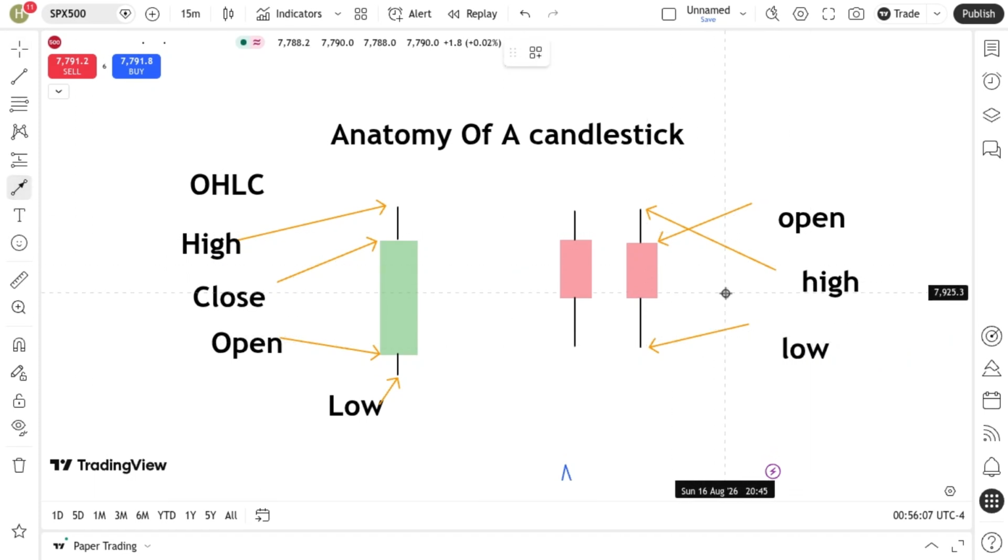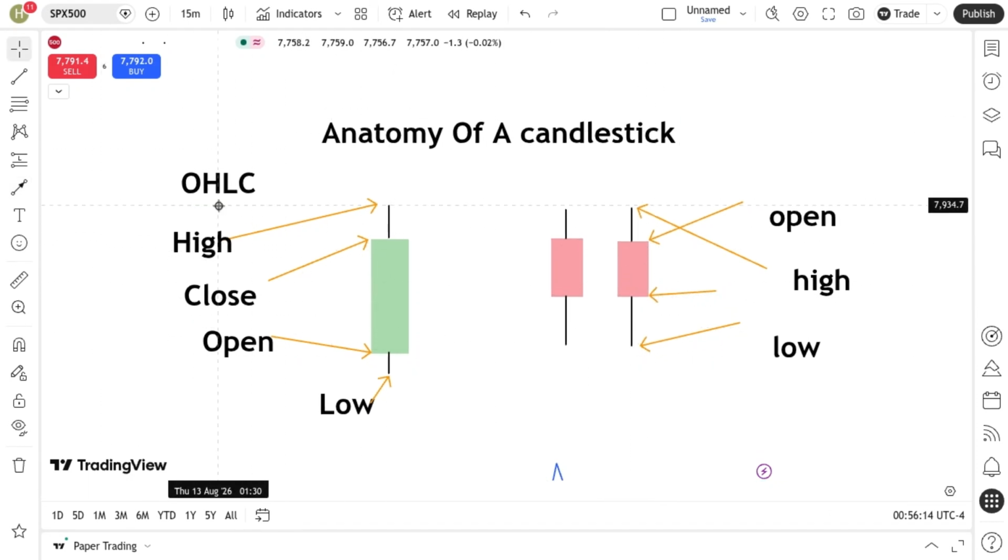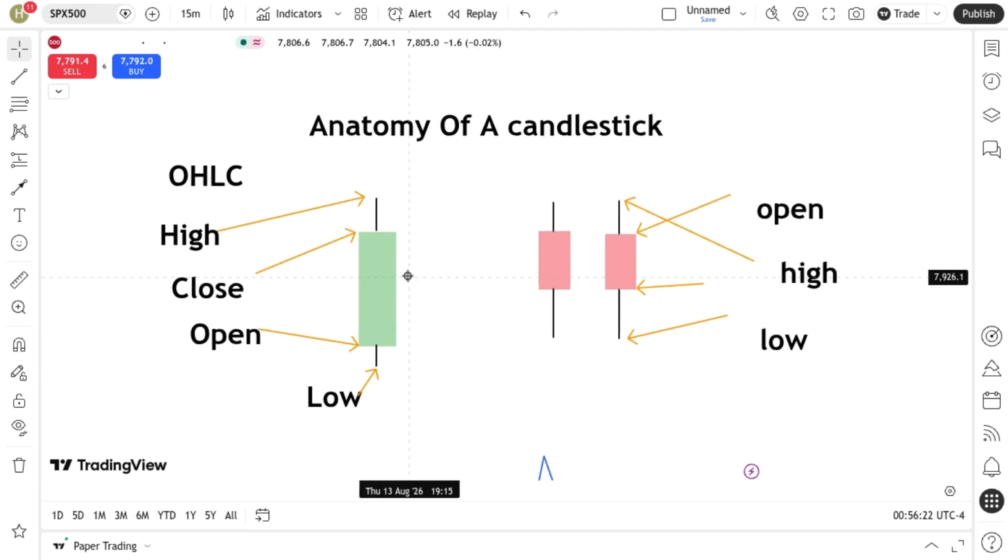And this here is the close. So this is the anatomy of a candlestick. Open, high, low, close. They function practically the same, except the open for each candle is just the inverse, essentially. And remember, the bulk of the candle, the shaded portion, essentially is the body. The skinny portions are the wicks.